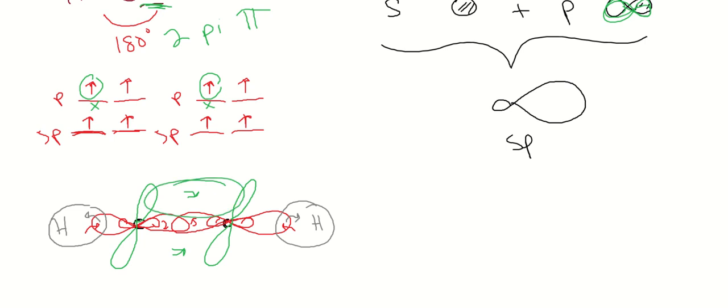Right? That region is just 1 pi bond. That's 1 pi bond, not 2. Right? Because it's an overlapping of the p from this carbon and the p from that carbon. All right, so that's that pi bond.